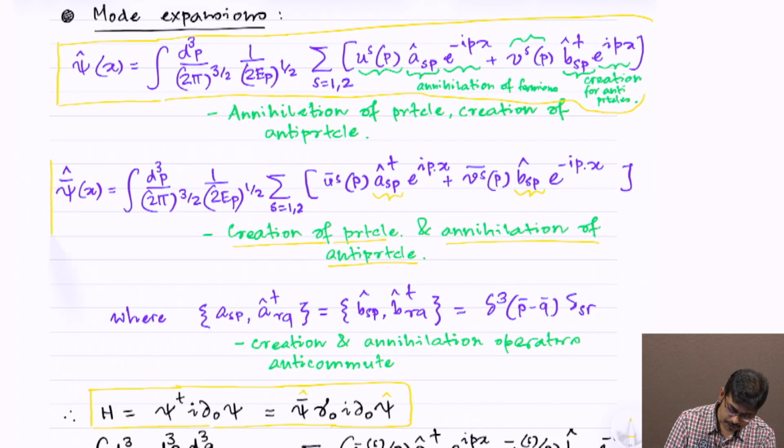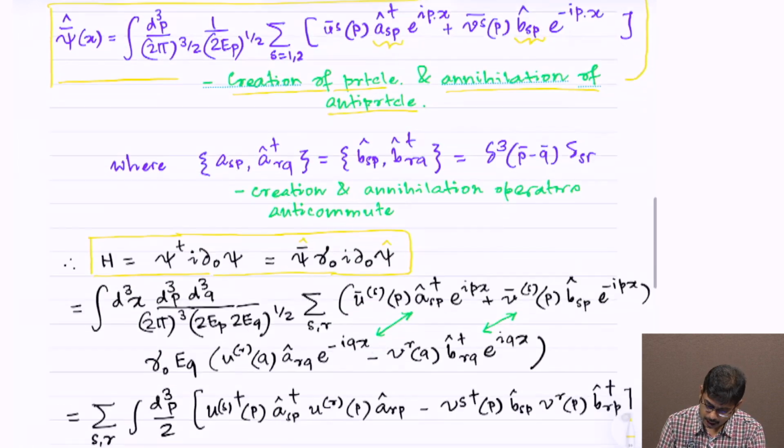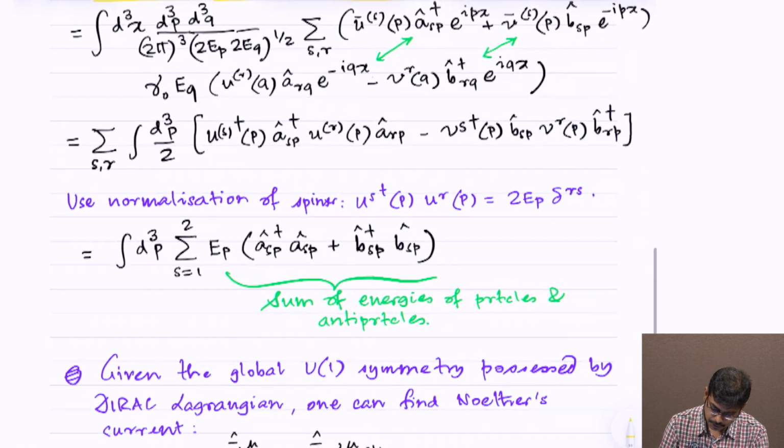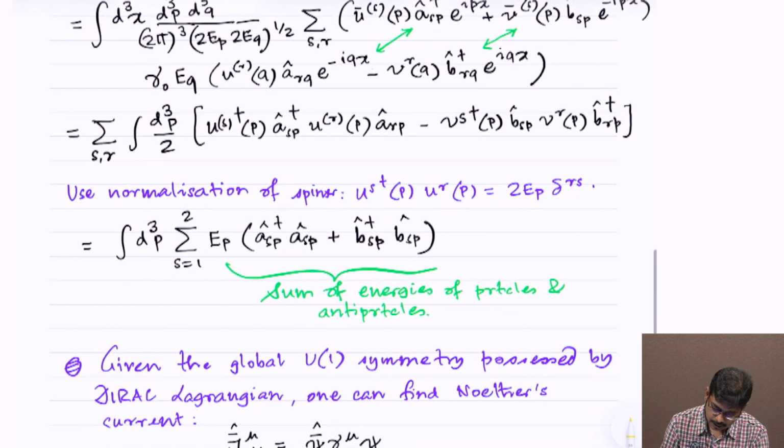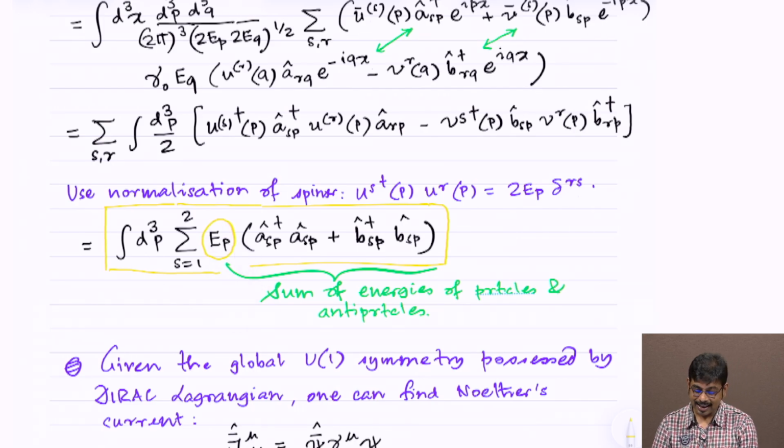Okay. So, if you use these expressions and a little bit of algebra, you can show that the Hamiltonian turns into a beautiful expression, which is the integral of d^3p, sum over s equal to 1 to 2, EP times ASP dagger ASP plus BSP dagger BSP.